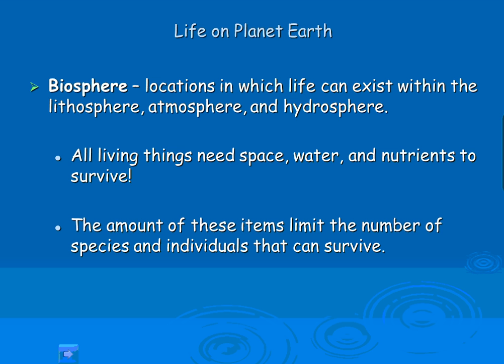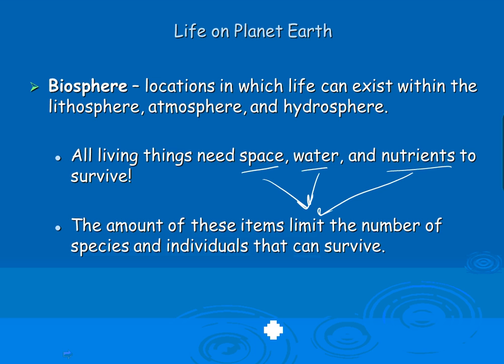And basically, it is these things, space, water, and nutrients, that limit how many organisms can live in a particular area and survive there. If there's not enough food, then you're going to limit your population. If there's not enough water, if there's not enough space. So all of these things determine the living things that can live in an ecosystem.